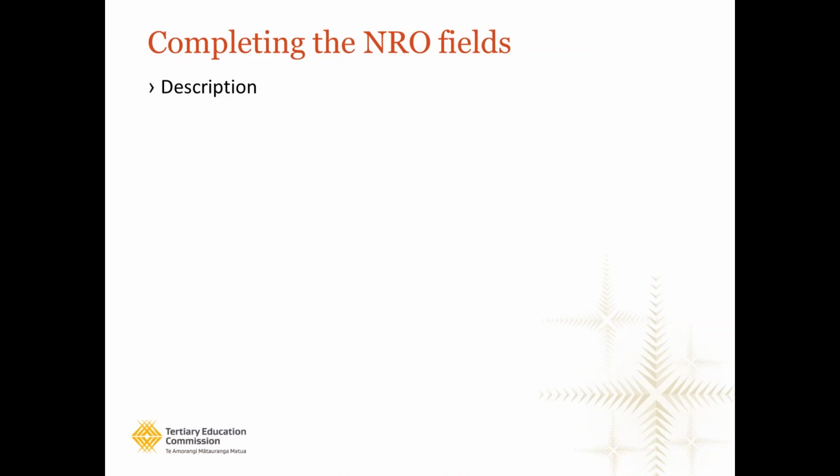The last part about completing the NRO fields is the description. What's that for, Amber? The description field is really important for individual researchers to think about and input into, because it's about the nature and significance of the output. So why was the output selected?